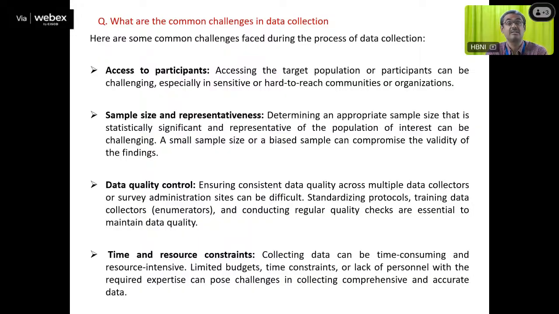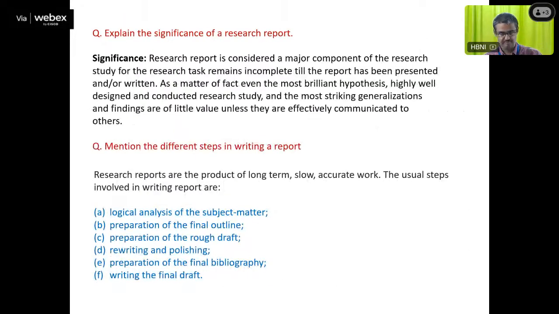Always time and funds play an important role in most research factors, right? So access to participants, sample size and representativeness, whether it represents the universe or not, how you will do quality control of whatever data you're generating, and time and resource constraints. Resource means funds, definitely. So these are the four common challenges faced during data collection.